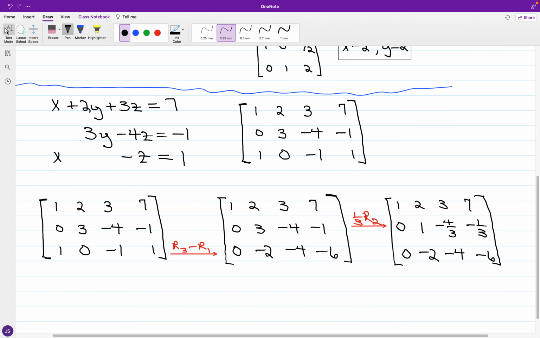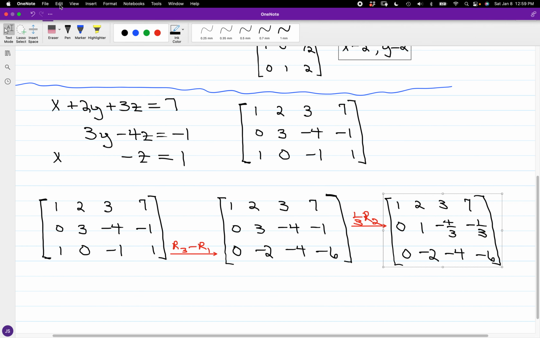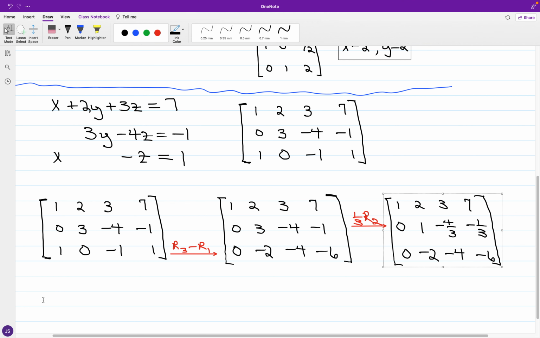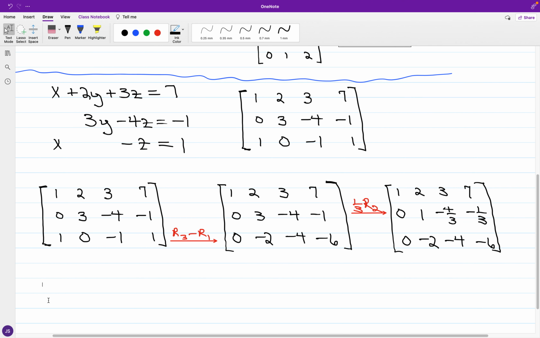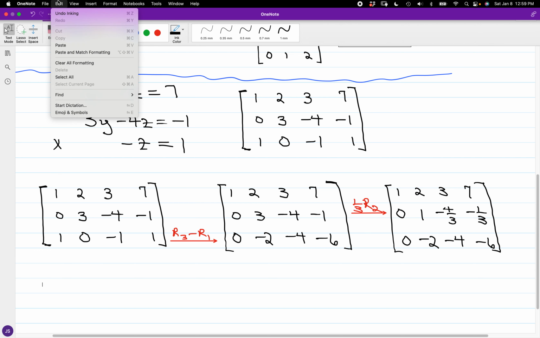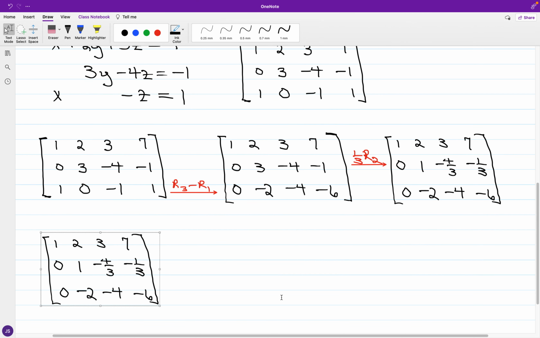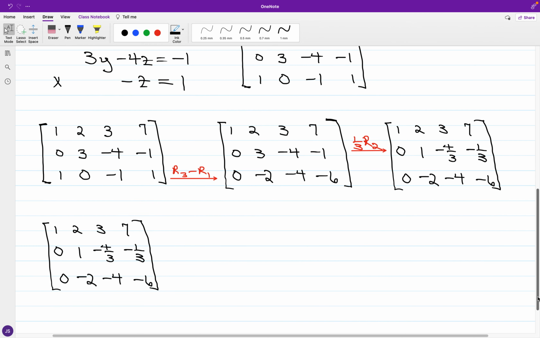Looking at the development so far, let me copy this matrix from the last stage. I have 1 in the upper left-hand corner, I want the next row to be 0, 1, and the third row to be 0, 0, and 1.